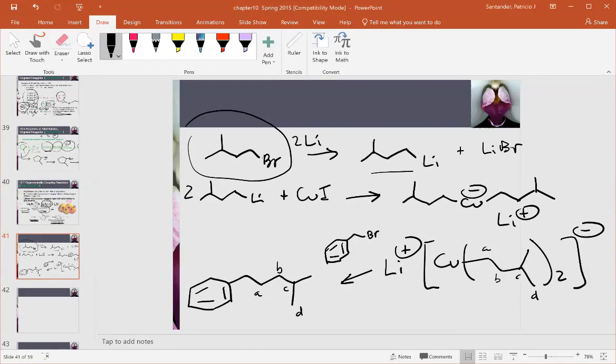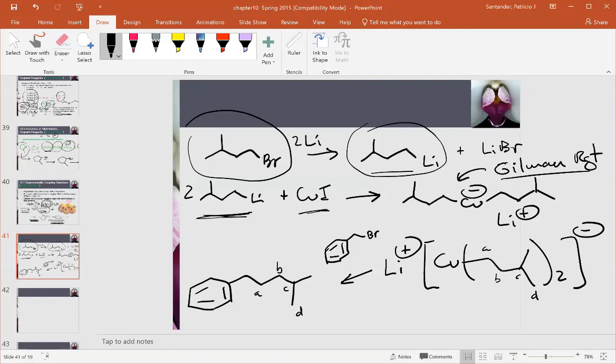I'm not interested in this. And then I can use two equivalents of my alkyl lithium with copper iodide. And in that way, I form my so-called Gilman reagent. This is the Gilman reagent.